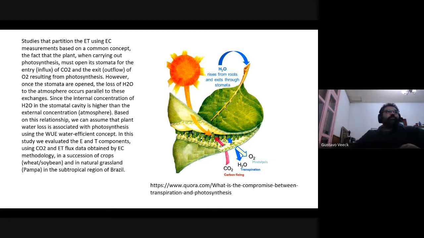in this study, we evaluate the evaporation and transpiration components using CO2 and water flux obtained by Eddy Covariance in a succession of crops, wheat and soybean, and in a natural grassland in the subtropical region.